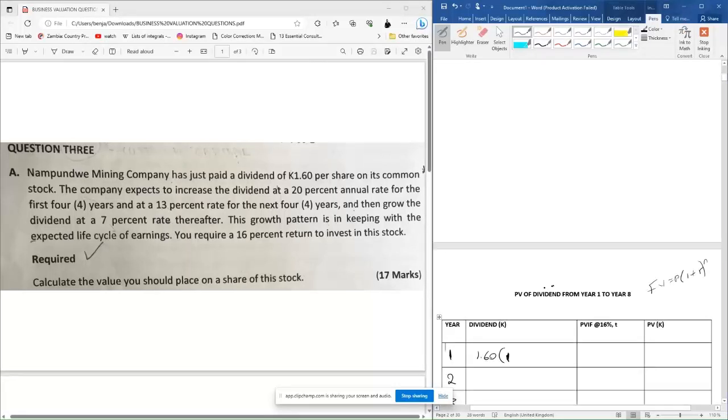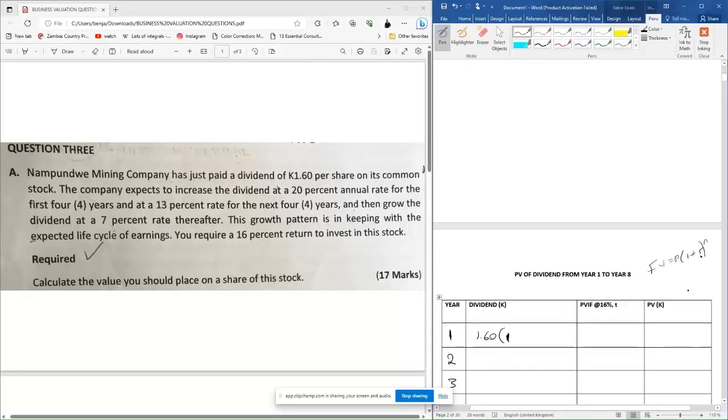So remember that for the first 4 years, our dividends are growing at a rate of 20%. So our R here will be what? Will be 20% for the first 4 years. And you know that 20% divided by 100, if we convert it into decimals, will give us 0.2. So 1 plus 0.2 will give us how much? Will give us 1.2.